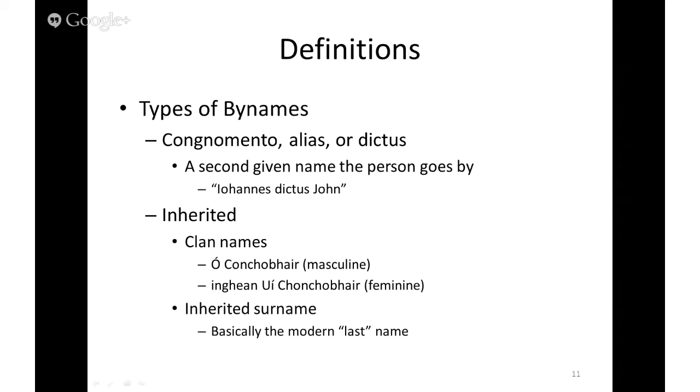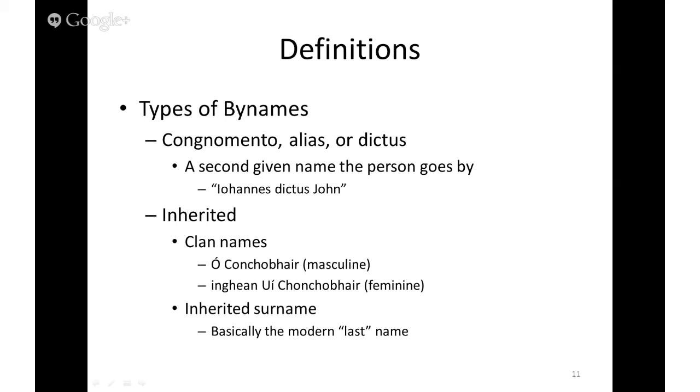And then finally we have the inherited surname, which is basically the modern last name. It's passed on from generation to generation. Generally speaking, the later in period you go, the more you see inherited surnames. The earlier you go, the more you see occupationals and locatives and descriptives and everything but the inherited surnames.